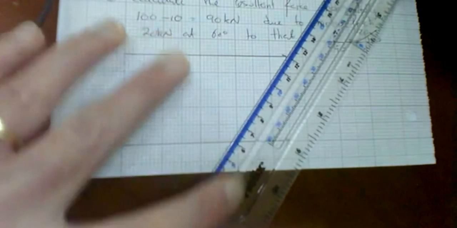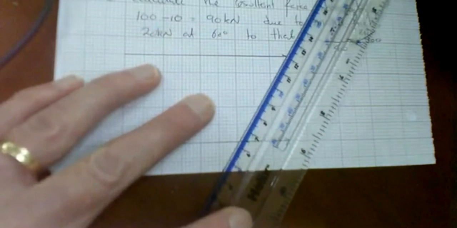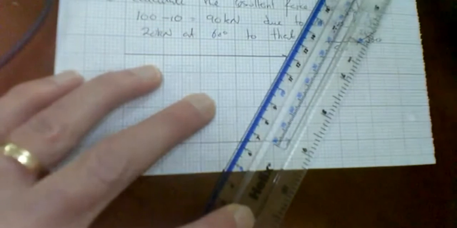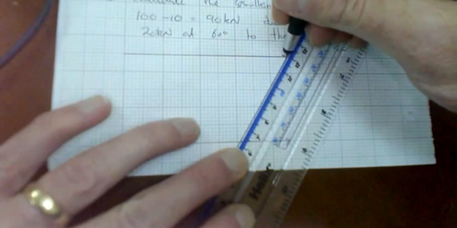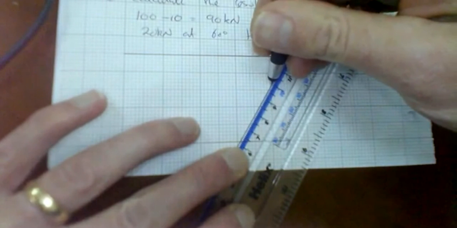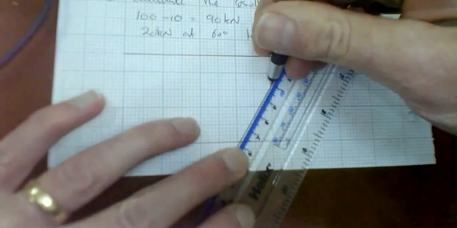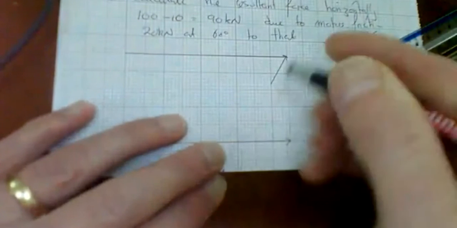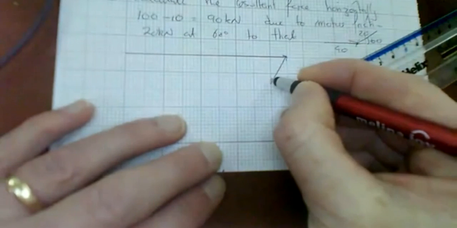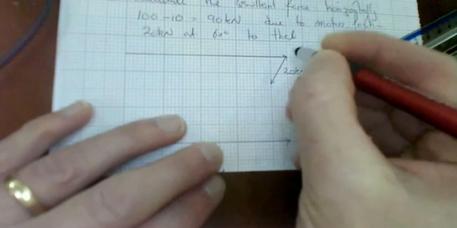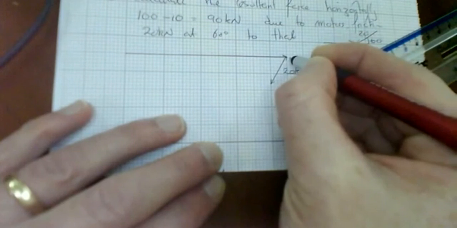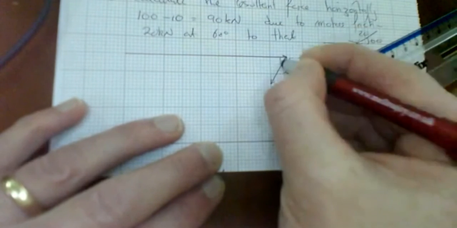So if I put the 12 centimeter mark on the end, and I come down to the 10 centimeter mark there. So there I have my 20 kilonewtons, and that's my angle of 60 degrees.